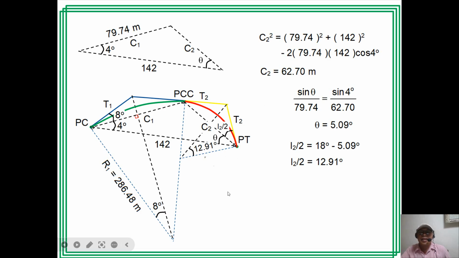So, this is the radius R2. Okay, so C2 is 62.7. So, sine of 12.91 is C2 over 2 over R2. So, I can solve for R2. R2 is 140.32.